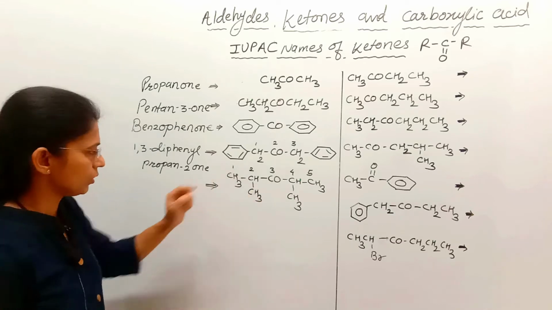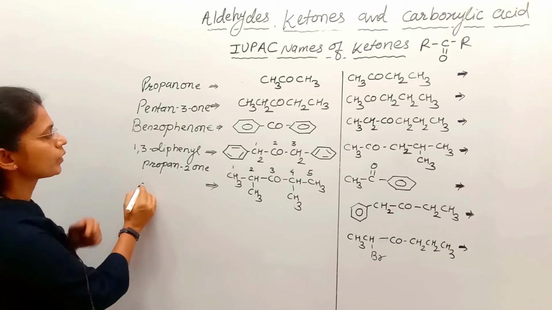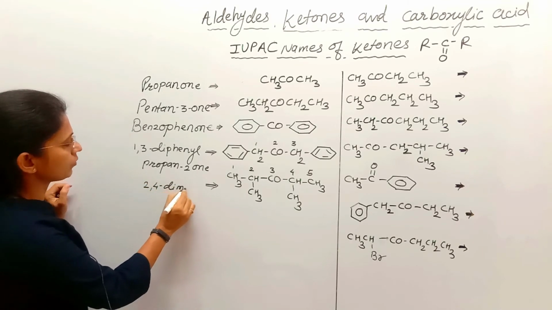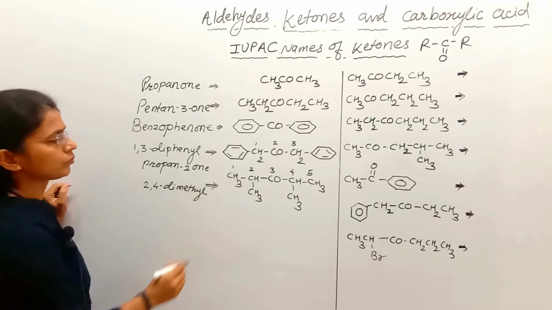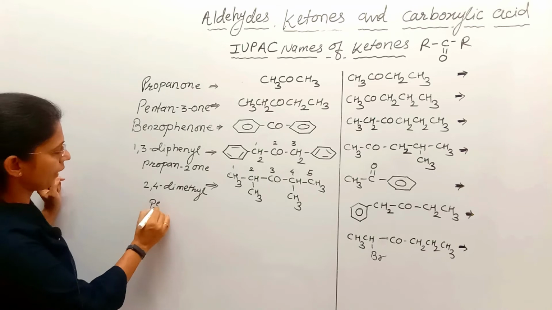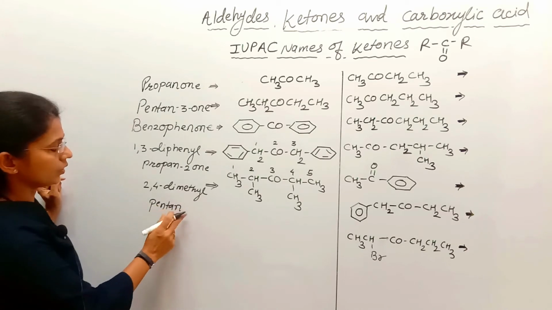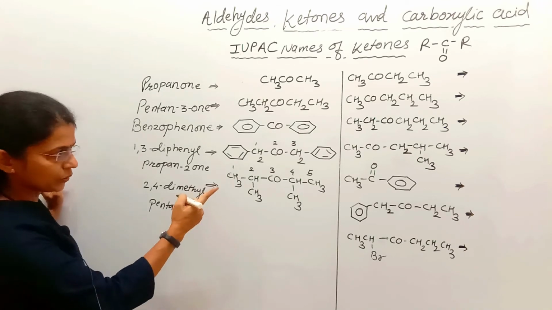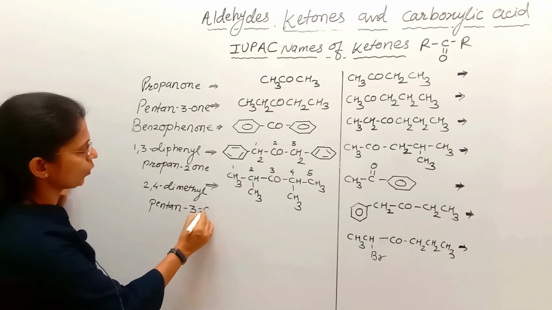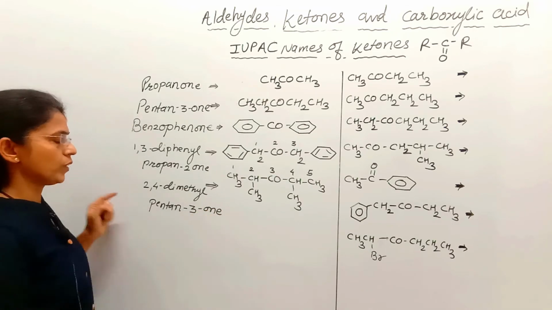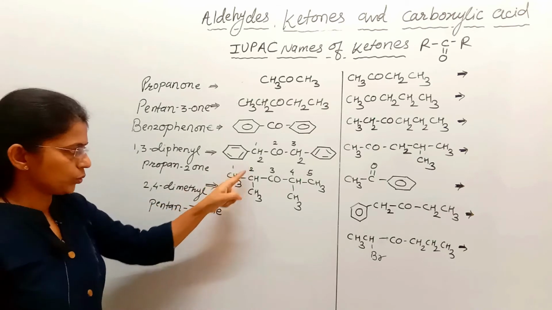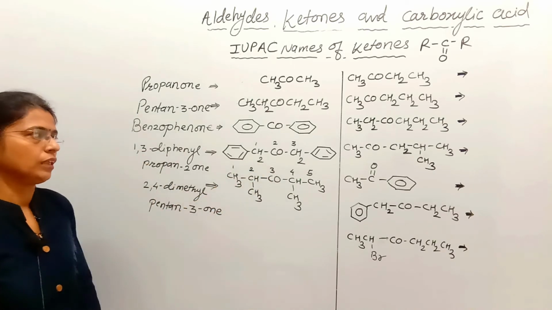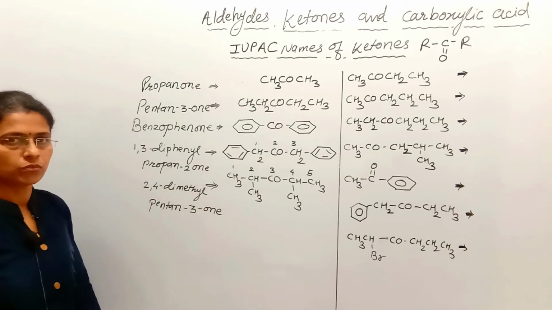Write them together. So I will write, see properly, 2,4 dimethyl, 5 carbon, so pentane. E is replaced by ONE, locant 3 because CO is at third position, 3 ONE. 2,4 dimethyl pentane 3 ONE is the IUPAC name of this compound.